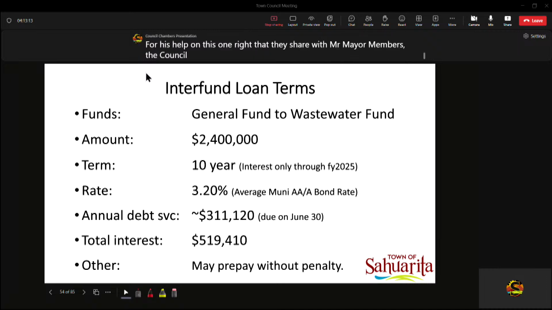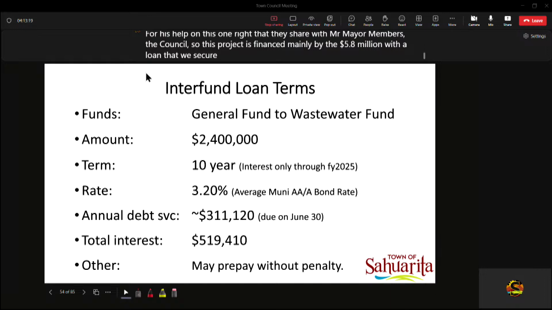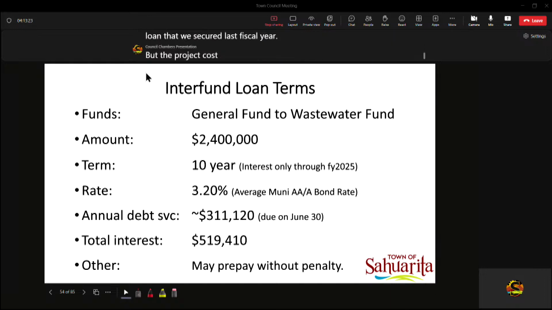So this project is financed mainly by the $5.8 million WIFA loan that we secured last fiscal year. But the project cost estimates that we received as the project was moving along its development life cycle came in higher than what we were anticipating when we secured that loan.